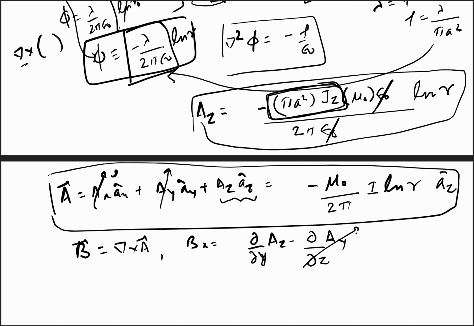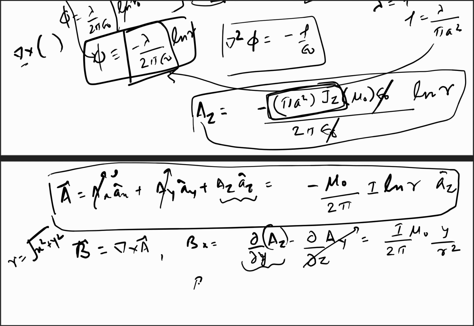Now this is equal to 0, only this quantity will be there, and it can be written as I over 2 pi mu naught y by r square, where this r square is actually equal to x square plus y square. So I have just done this differentiation.